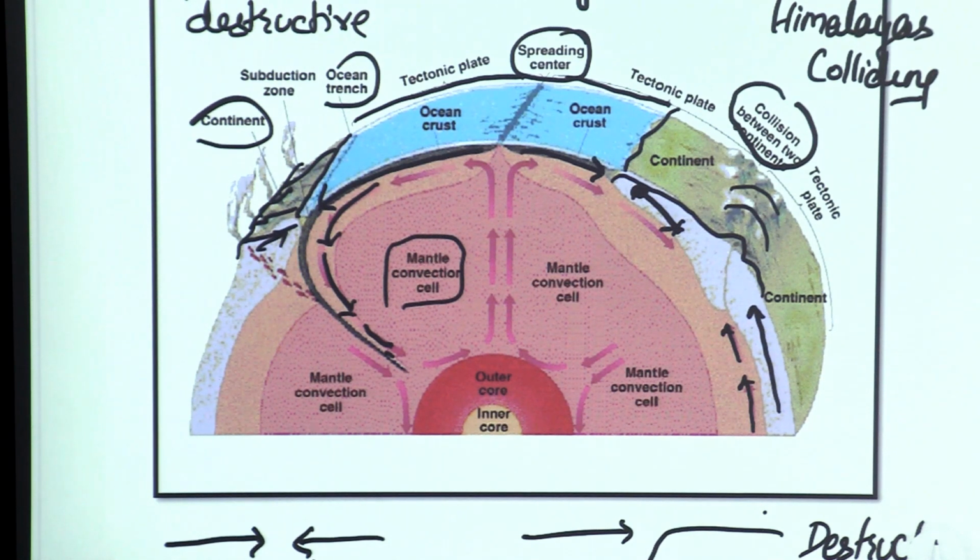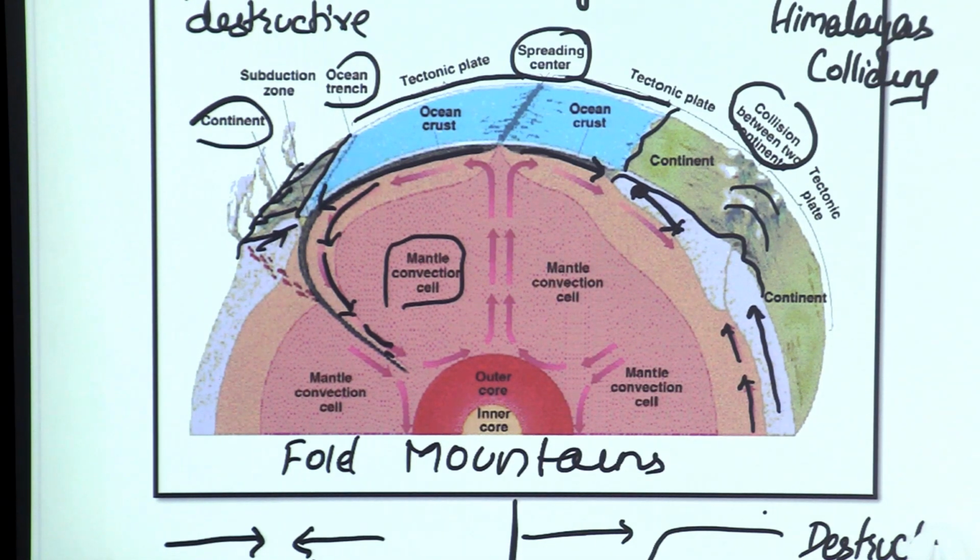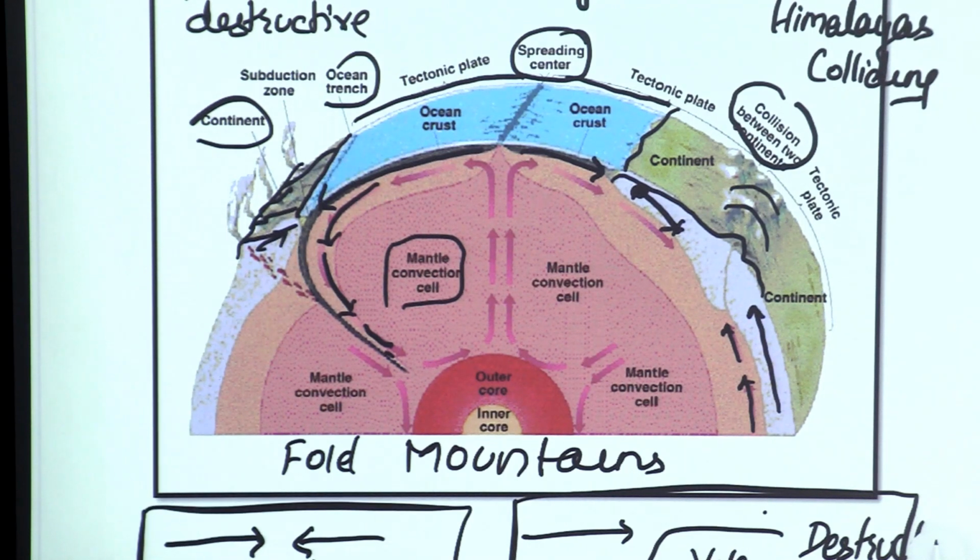As in both cases, I will be developing fold mountains, but the fold mountain at destructive boundary will have volcanoes, and the fold mountain with colliding boundary will have no volcanism.